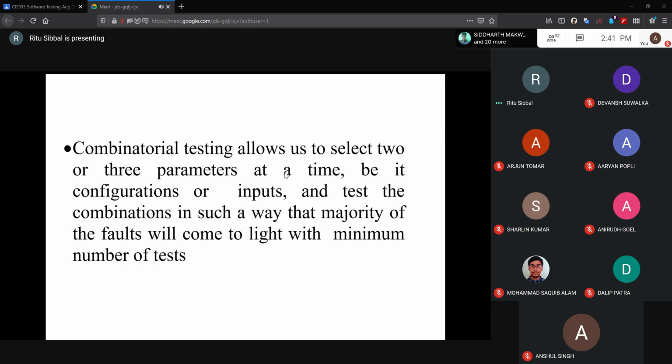It will test the combinations in such a way that the majority of faults will be detected by running only a few test cases. So that is the strength of combinatorial testing. It is a very powerful technique for testing failures due to interaction between inputs.